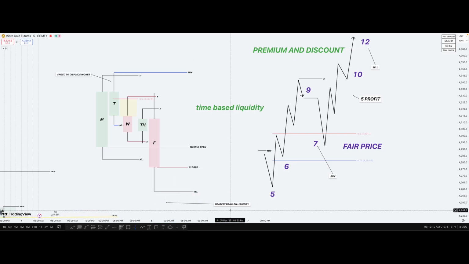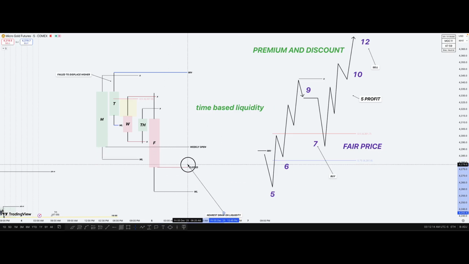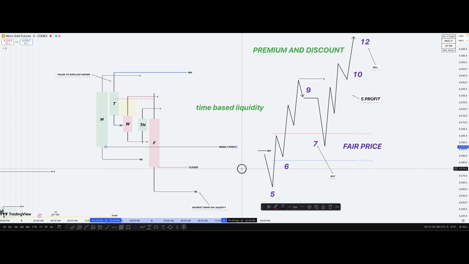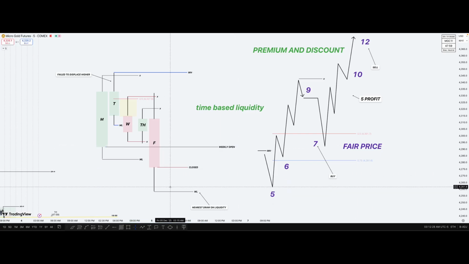So now your nearest draw on liquidity will be according to the open, close and the weekly low, isn't it? Now what will you anticipate? If the price doesn't fall directly towards the weekly low, you would anticipate 50% of this range. Not the daily candle, the weekly range.